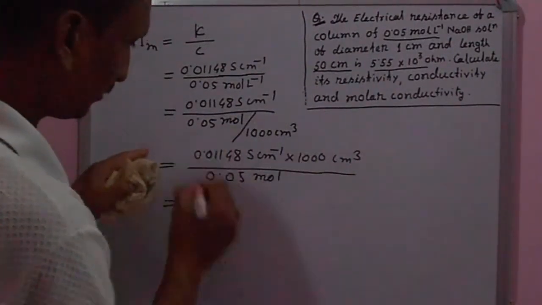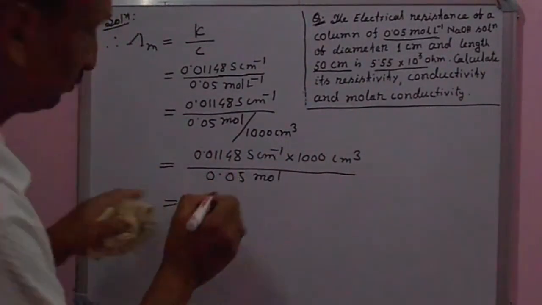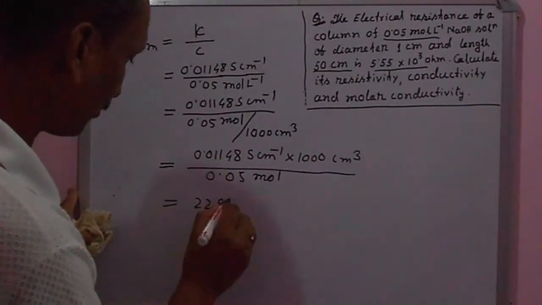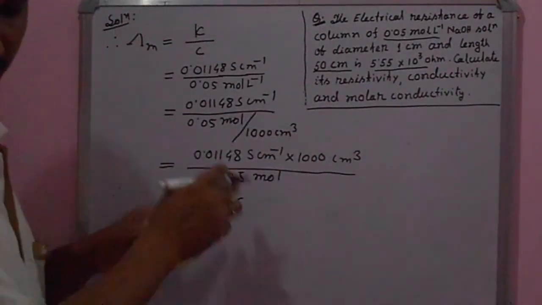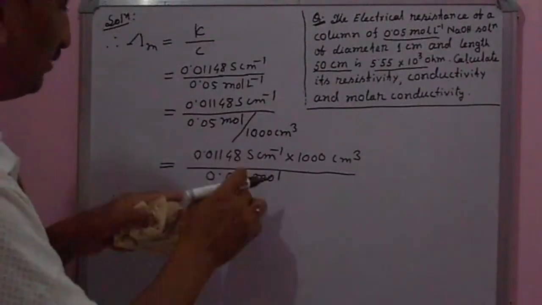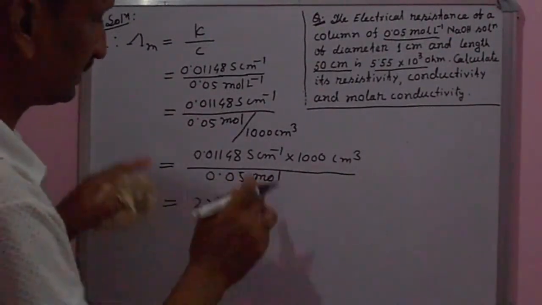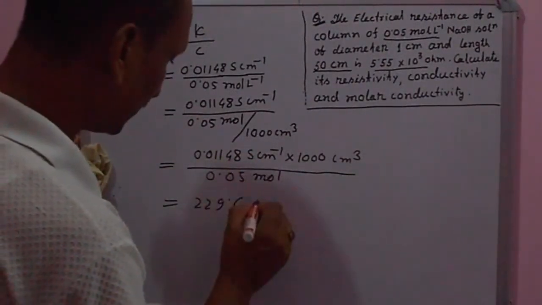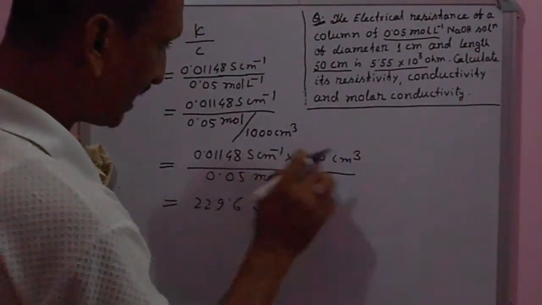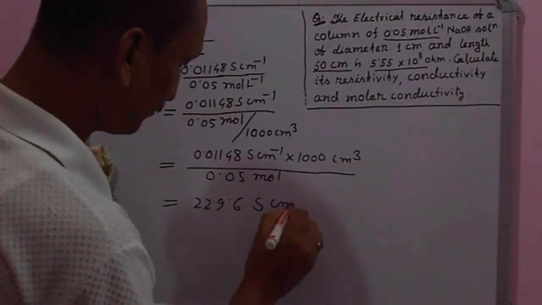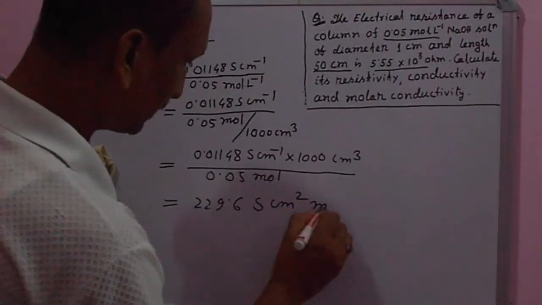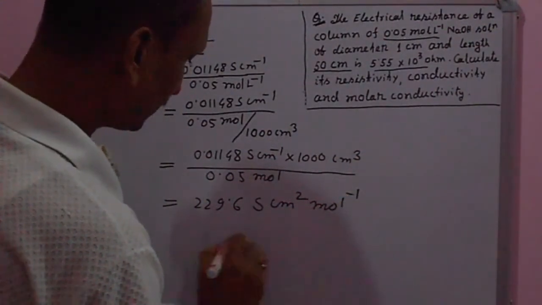And if you do the calculation, that value comes out 229.6. After division and multiplication, that value comes out 229.6. And that unit will be Siemens centimeter inverse into centimeter cube, that means Siemens centimeter square mole inverse.